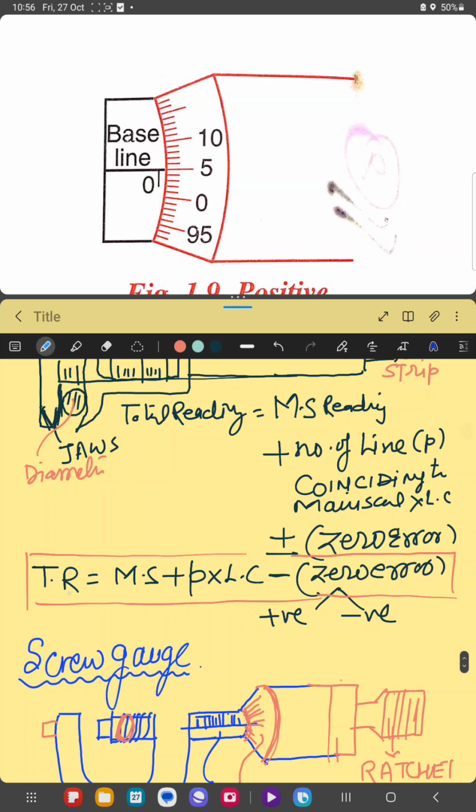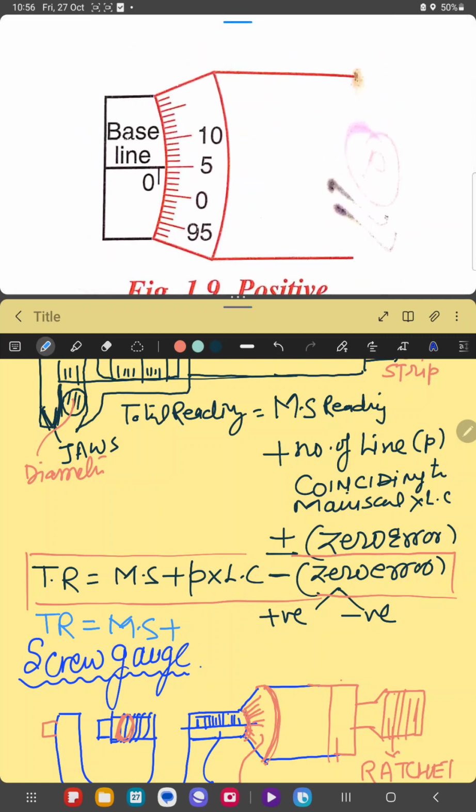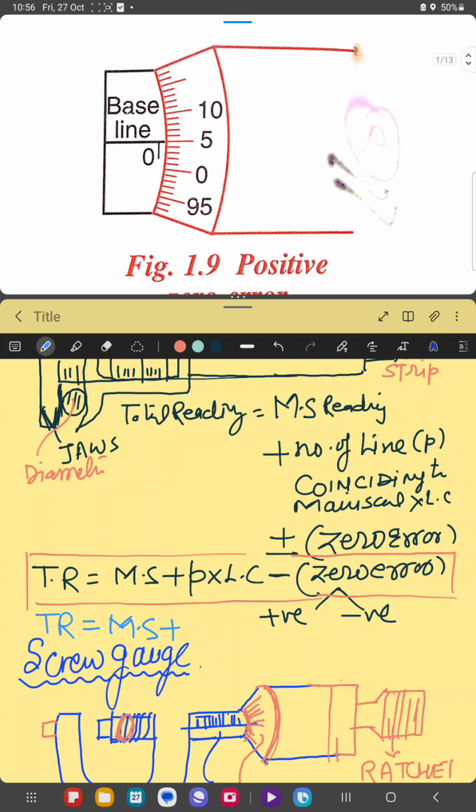The total reading would be the main scale reading plus P, the circular scale column that is coinciding with the main scale. In the upper diagram, it looks like the fifth column is coinciding.